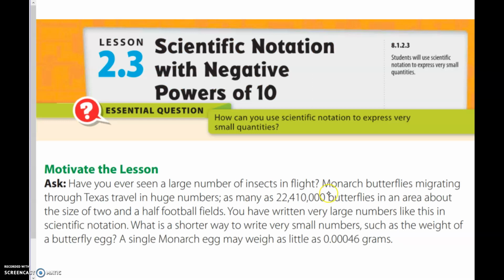So if you look here, we have a very large number, which is what we just corrected. Okay, and the rule was, first, go put your decimal where it needs to go so that the number is bigger than 1 and less than 10. So in this case, it would be 2.241.